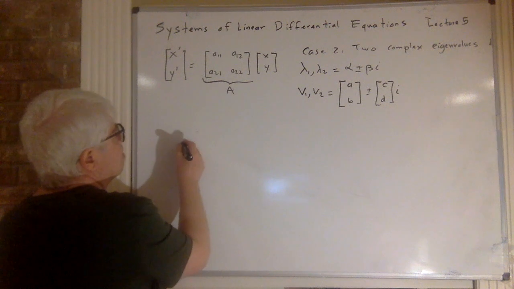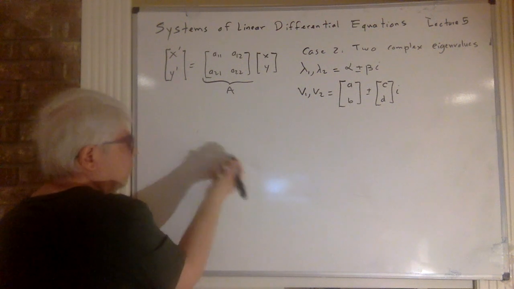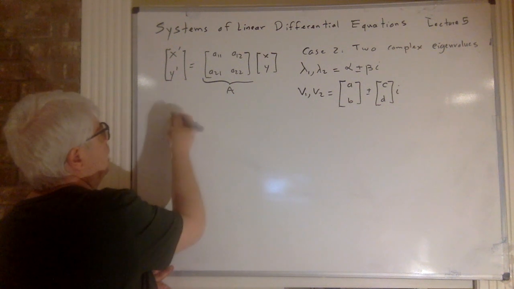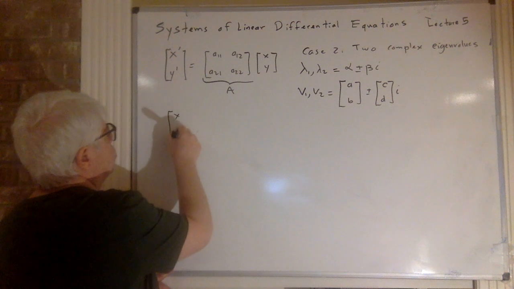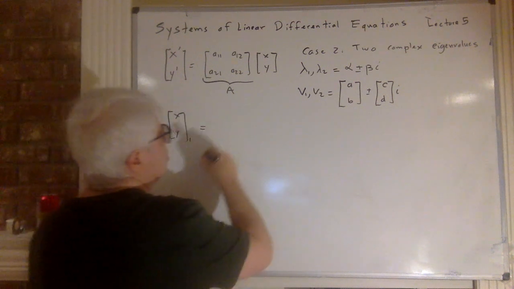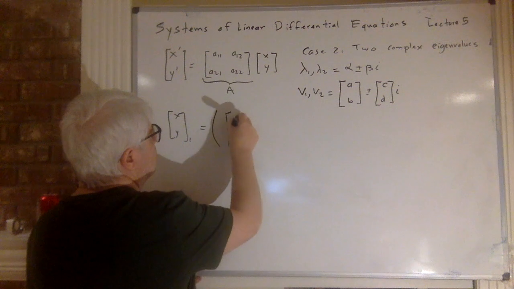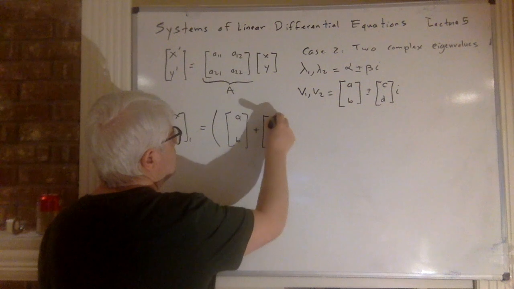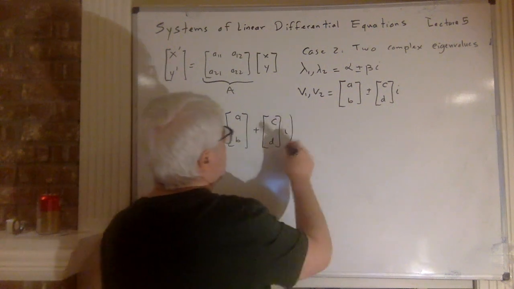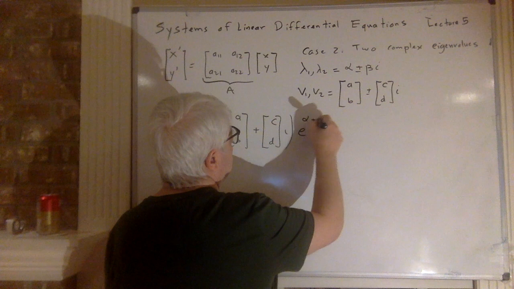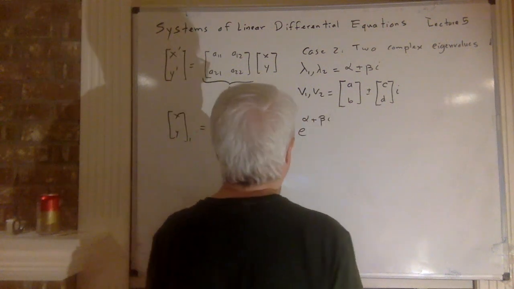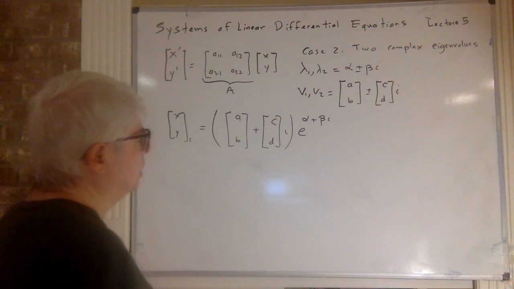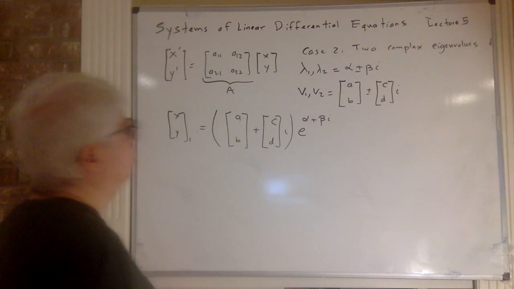So we have these two solutions. Remember, the solutions were like this. So say xy number 1 was this: e to power alpha plus beta i. Let's expand this and see what we get.